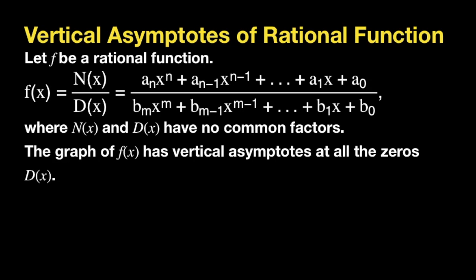We say that f of x, so a rational function, has vertical asymptotes in all the zeros of the denominator. So you're going to look for all the zeros in your denominator.